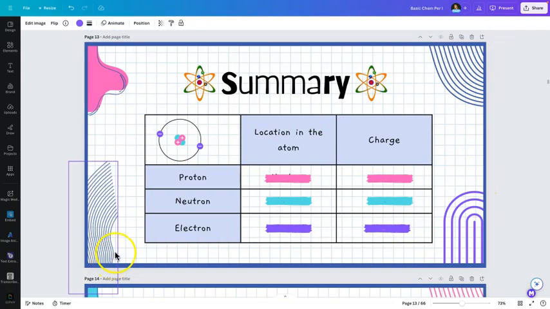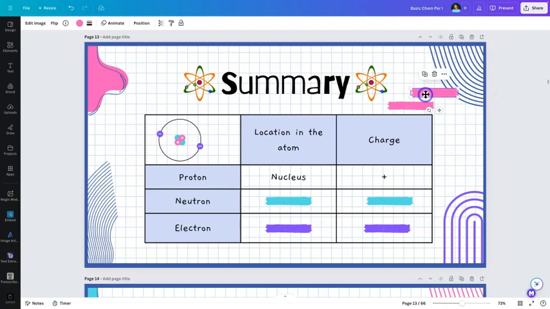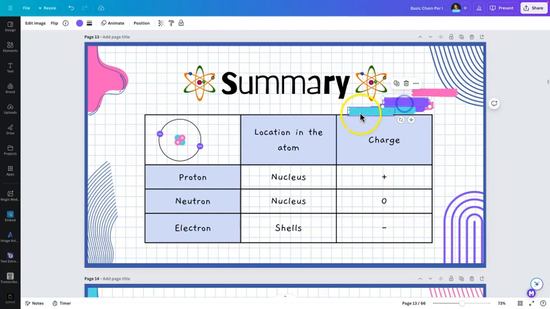Fill in the blanks for me. Inside what? In the nucleus. Positive. Keep going. In the nucleus. Neutral. Outside, and negative.